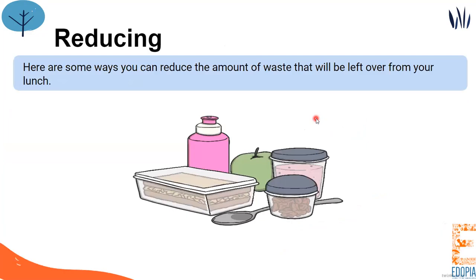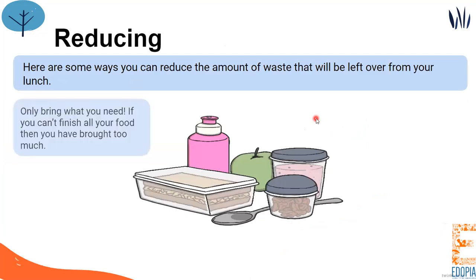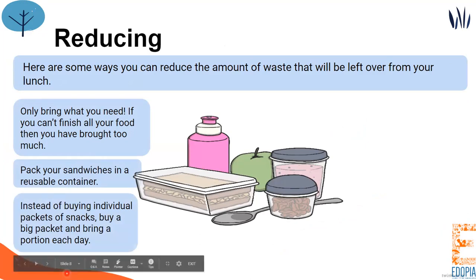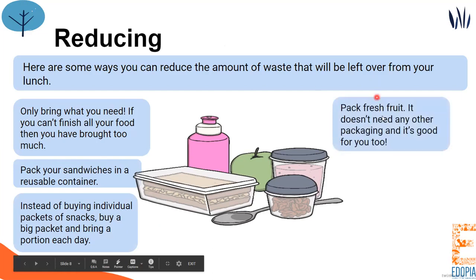In order to reduce the amount of waste that would be left over from your lunch, you can only bring what you need, and if you can't finish all the food, then you have brought too much. You can pack your sandwiches in a reusable container, a lunchbox maybe, and instead of buying individual packets of snacks, you can buy a big pack and bring smaller portions every day.